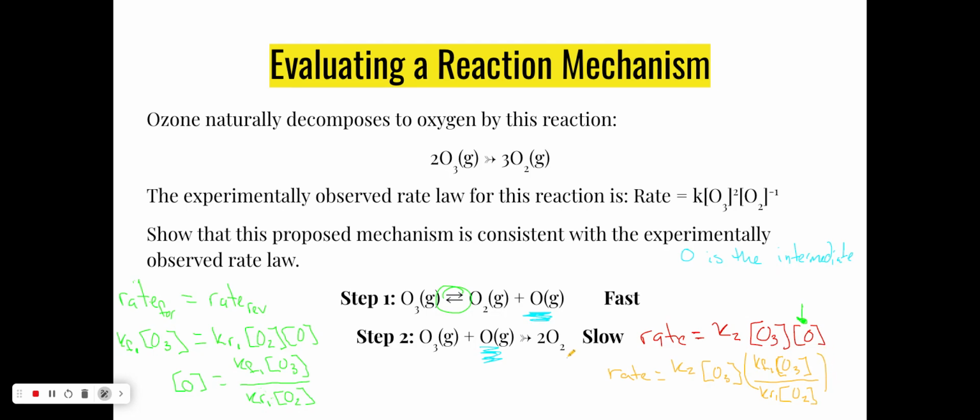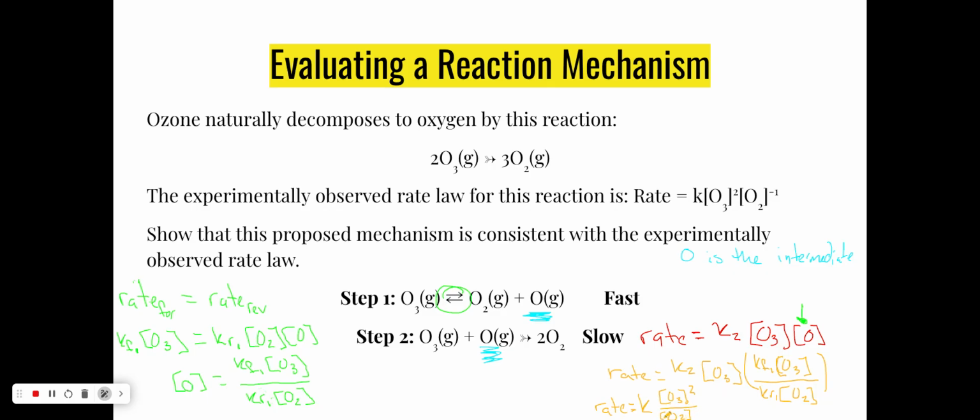Okay, guys, what I'm going to do now is combine like terms. I'm going to put all the rate constants together as simply a new rate constant, because if I multiply three constants together, I just get the new constant K. Then I'm going to have O3 squared, because O3 is in the numerator. So we get O3 squared in the numerator divided by O2 in the denominator.